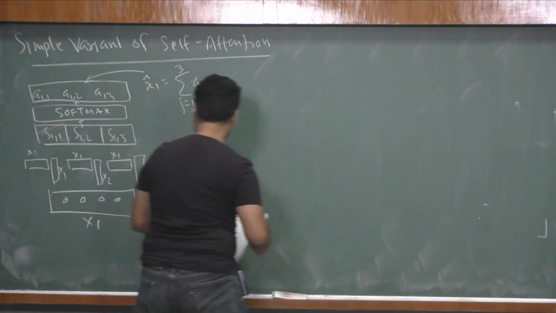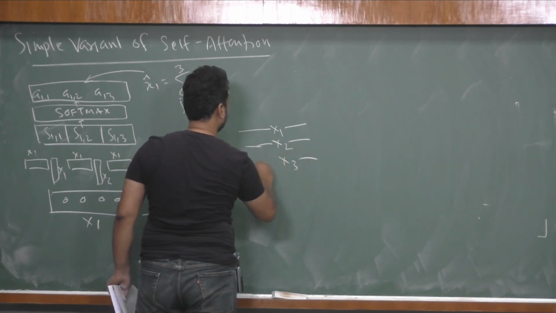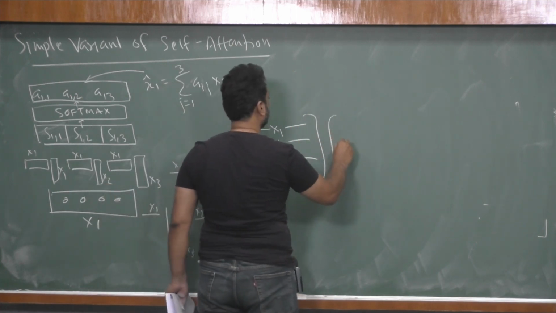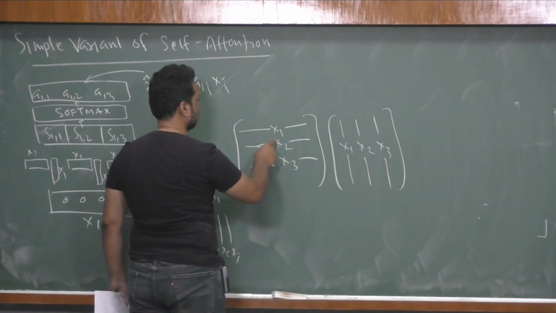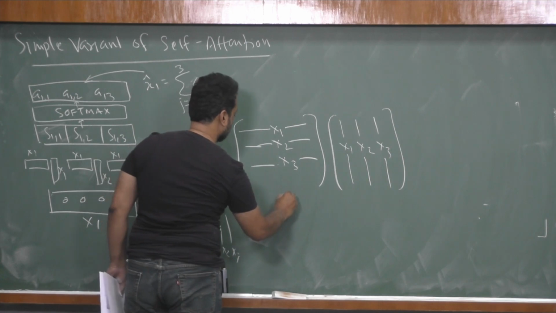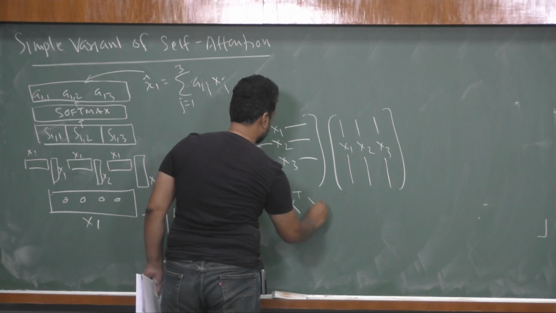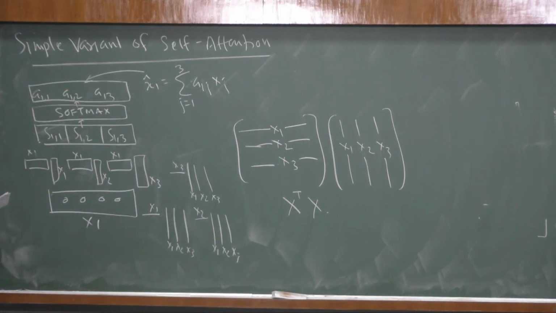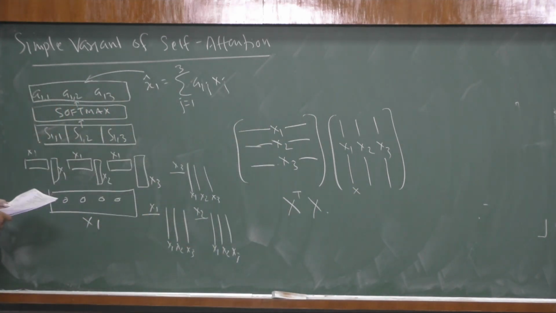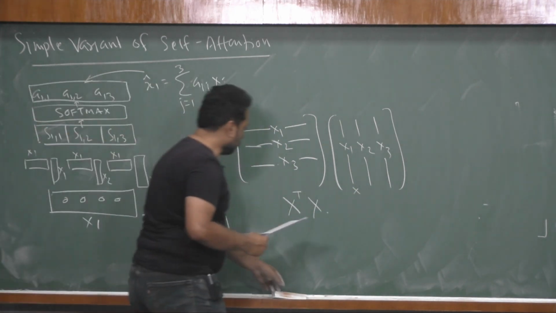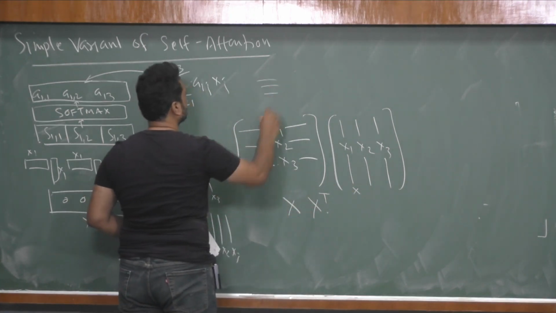I could stack x1, x2, and x3, and then I have x1, x2, x3, so this is indeed a transpose of this. If I collect all the x1, x2, x3, this can be seen as x transpose x. The way it is written in my notes is that I treat this as x and this as the transpose, because I have x stacked like that.